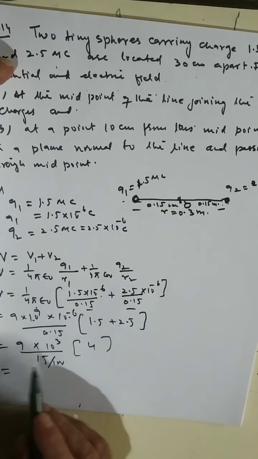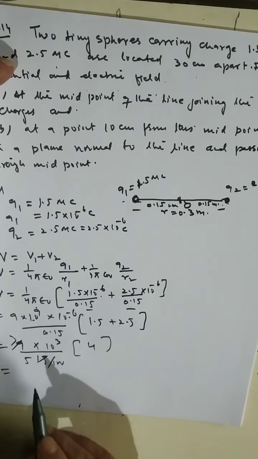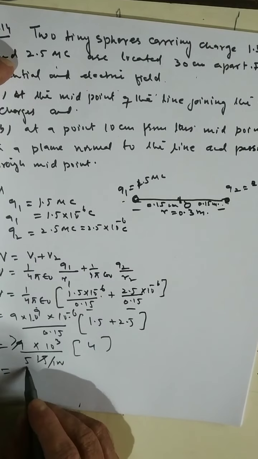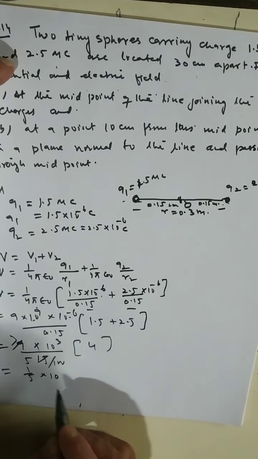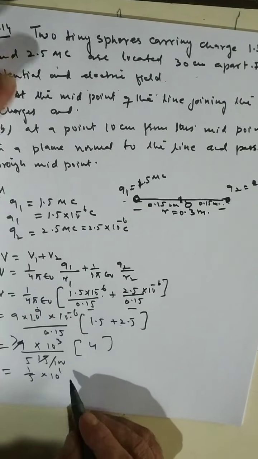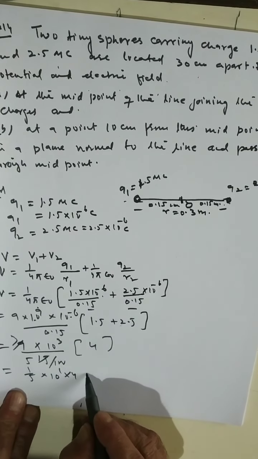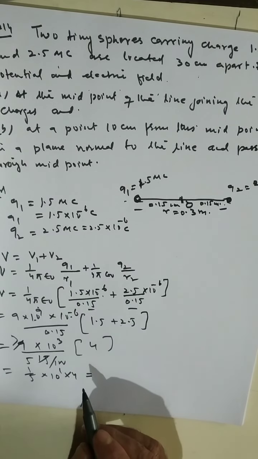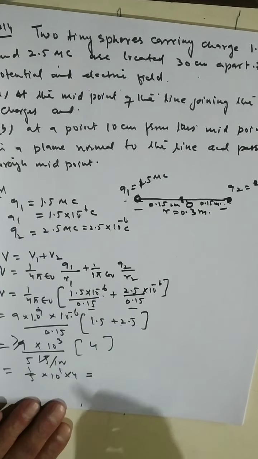So 3 3s are 9, 3 5s are 15, so 1 by 5 into 10 raised power 1 into 4, which comes out to be 2.4.